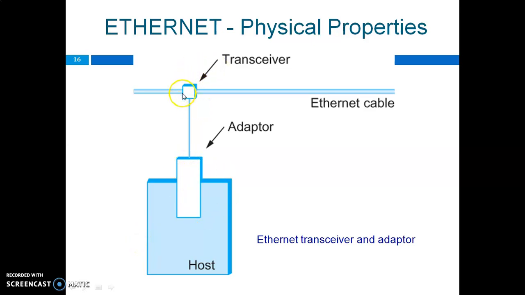The transceiver is used to detect whether the cable is transmitting or in idle state, and also it receives the incoming signals. So these are the major responsibilities of the transceiver, and this is the Ethernet cable. Initially coaxial cable was used, and later it moved on to optical fiber cable. So this is the general physical property of Ethernet.